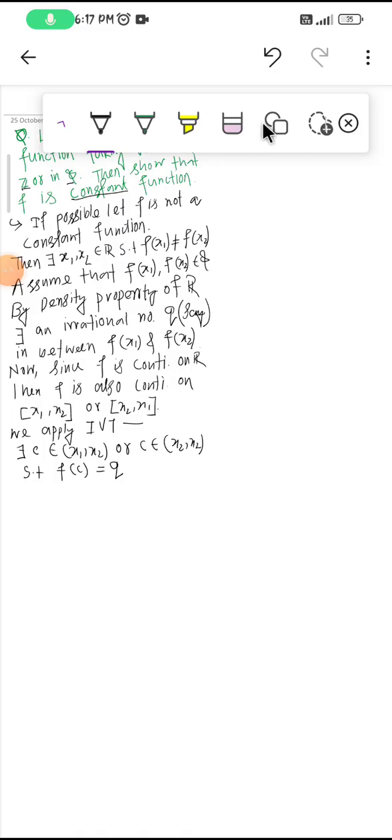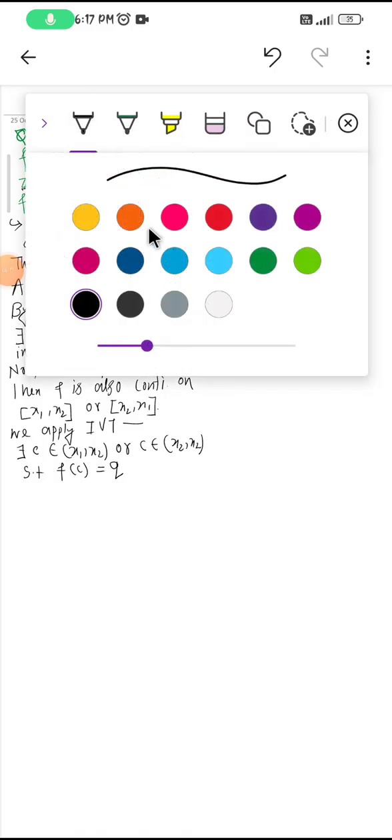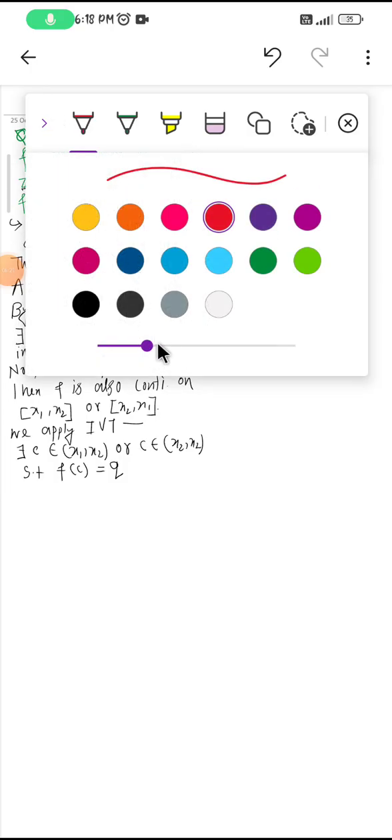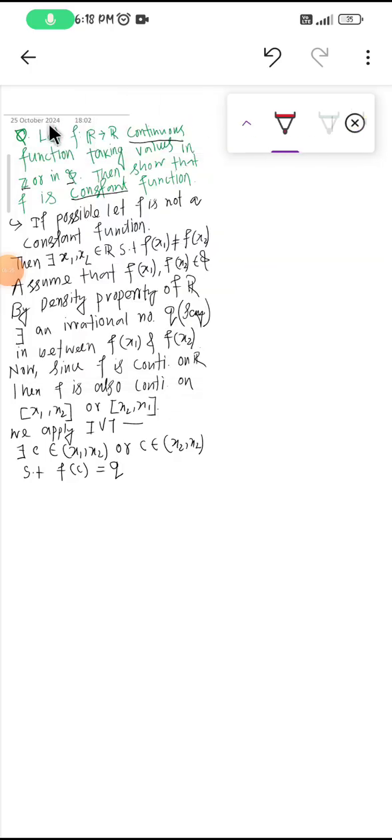See, f of x1 and f of x2 both belong to Q, and we assumed that the function f takes values from Q, rational numbers. Carefully see that we took an irrational number q in between f of x1 and f of x2, and then applied the IVT theorem on the interval [x1, x2] or [x2, x1].